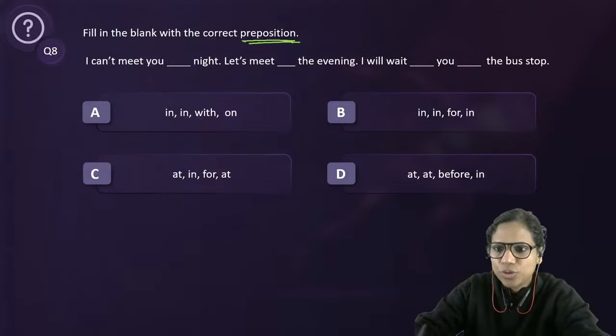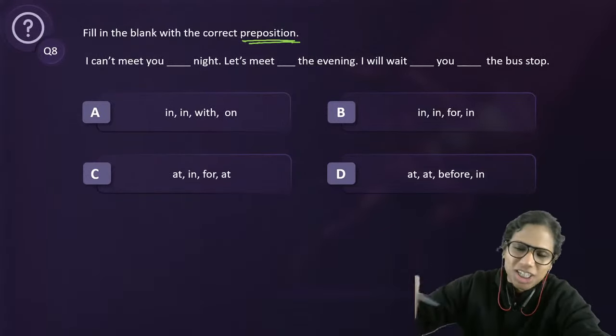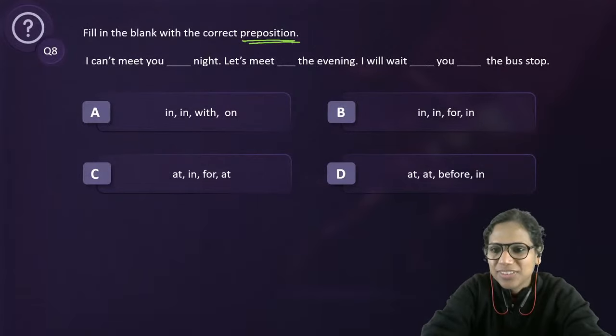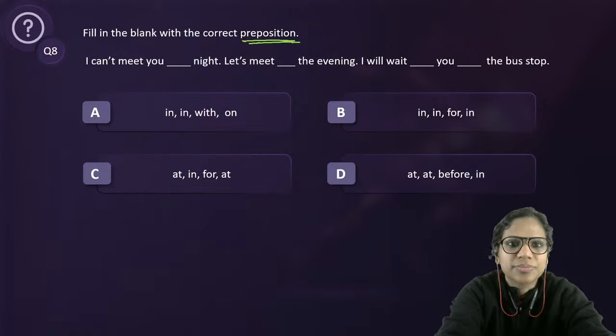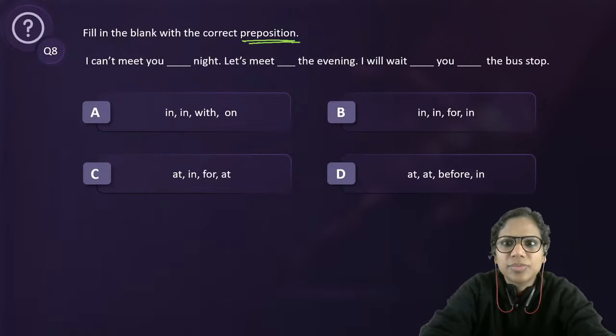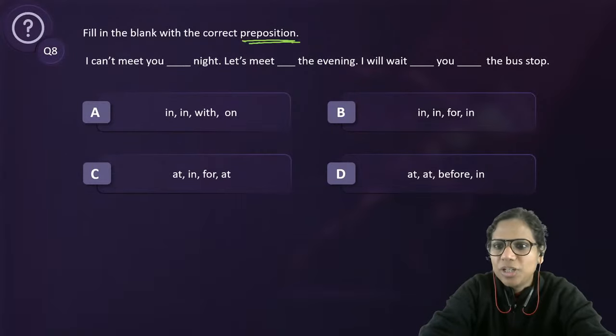Those who answered, for between, the difference between "between" and "from" and "to". Okay. Let's see. So a lot of C's I've got, an overwhelming number of C's. Yes, Smriti, agreed, agreed.